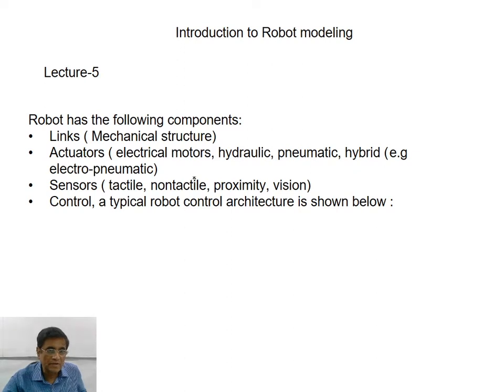Another major component of robot is sensor. Sensor enables the robot to interact both internally with the commands and externally with the environment. There are various types of sensors. Say for example, tactile sensors. Tactile sensors are those sensors which are activated by actual touch.